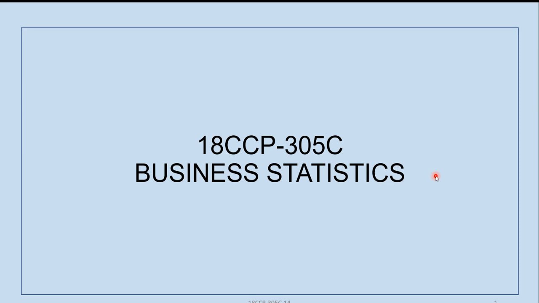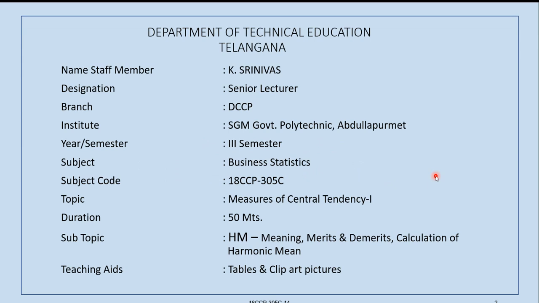In this lesson, we will be looking into the harmonic mean, that is meaning of the harmonic mean, merits and demerits of harmonic mean, and the calculation of the harmonic mean for a given series.